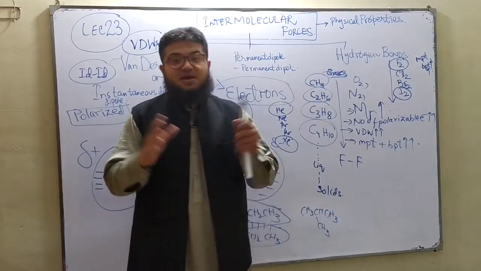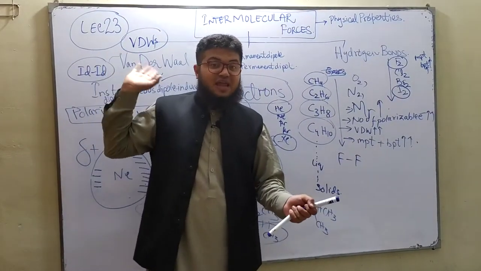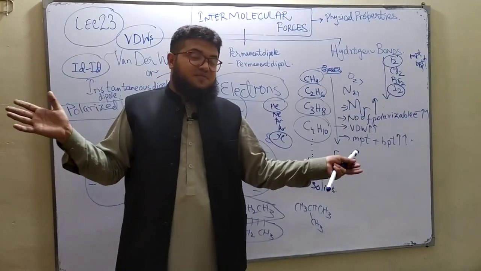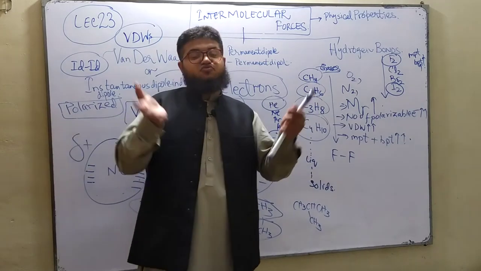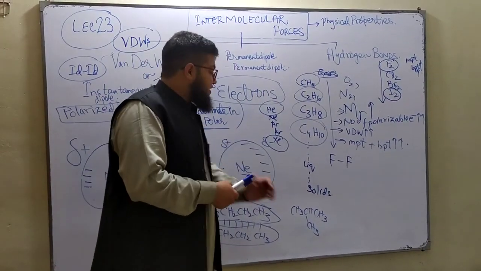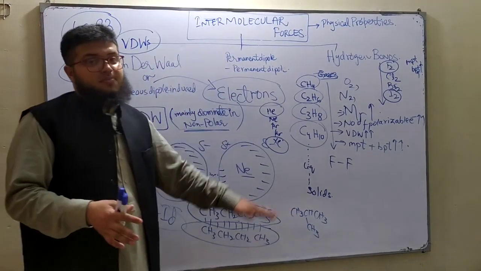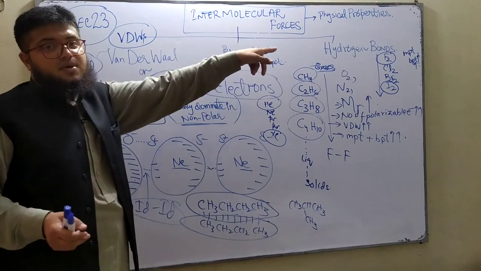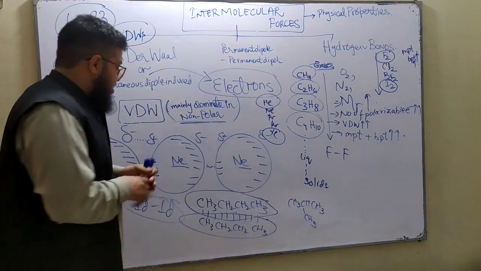If the distance is greater, apply the same concept of bond length and bond energy. If the molecules are far apart from one another, then the force of attraction between them is going to be weaker, and that means its melting and boiling point is going to be lower, because the physical properties like melting and boiling point depend on the strength of intermolecular forces.